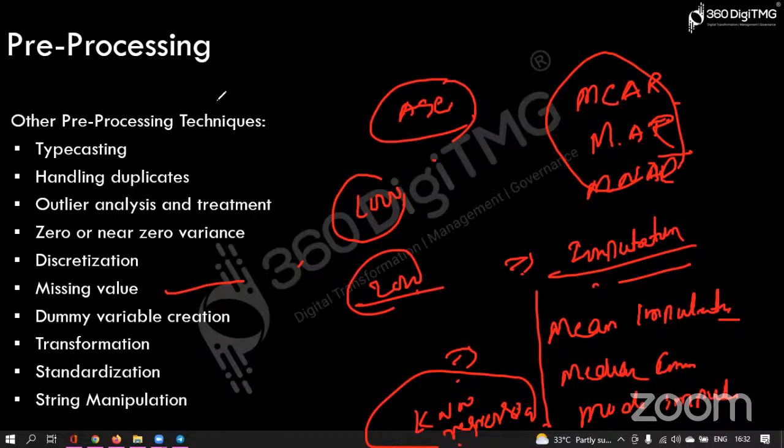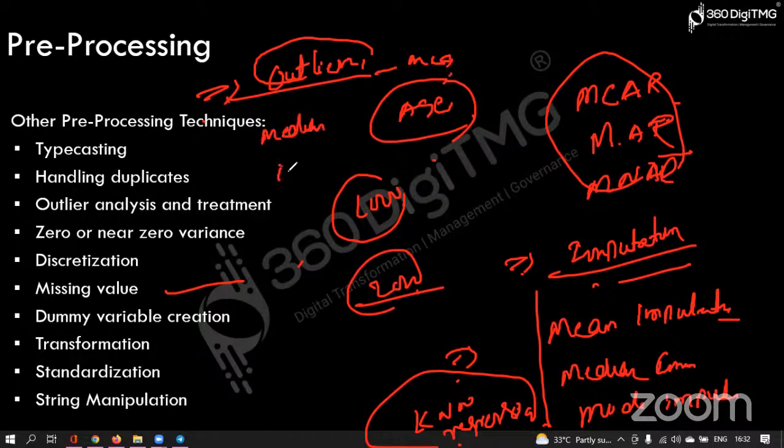But it is recommended, wherever you have outliers in your data, instead of going with mean imputation, go with median imputation. Why? Whenever you have outlier data, the mean can be affected. How is it affected?